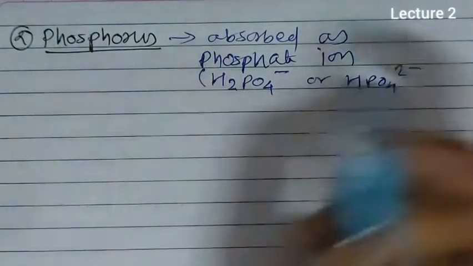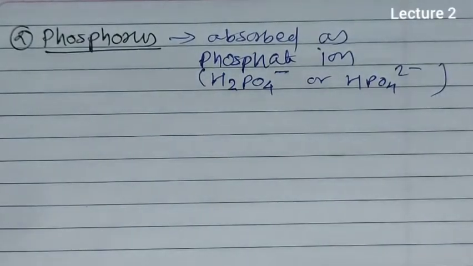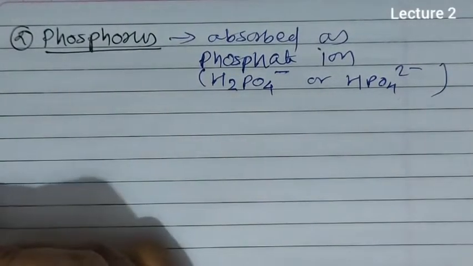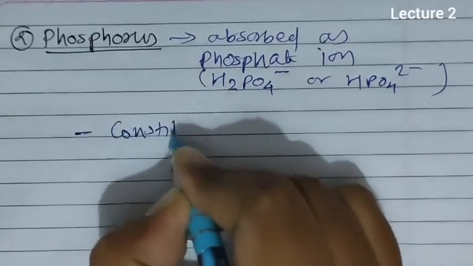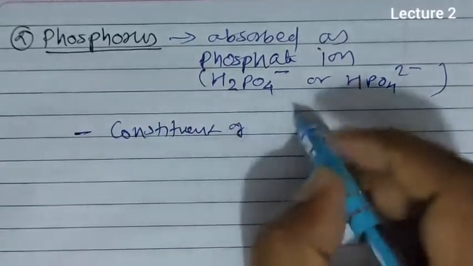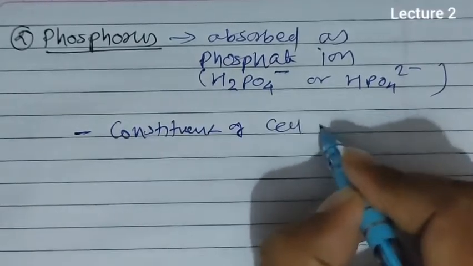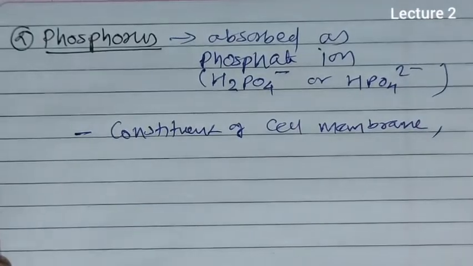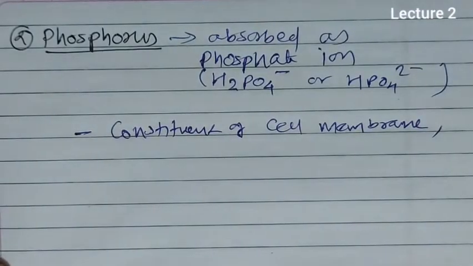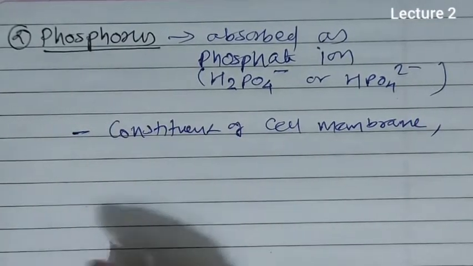Okay, so in this form they can be absorbed. Phosphorus is a constituent of the cell membrane. As we have studied, the cell membrane is a phospholipid bilayer, so it has phosphate.